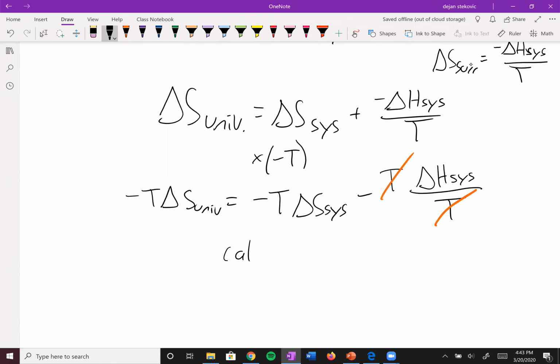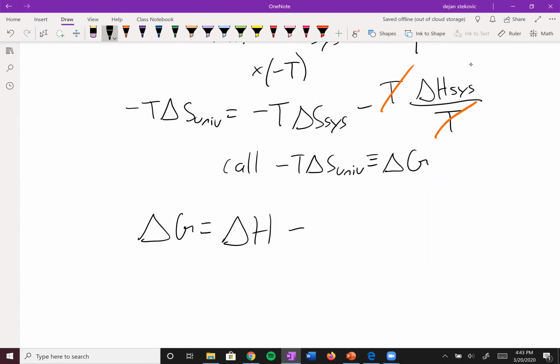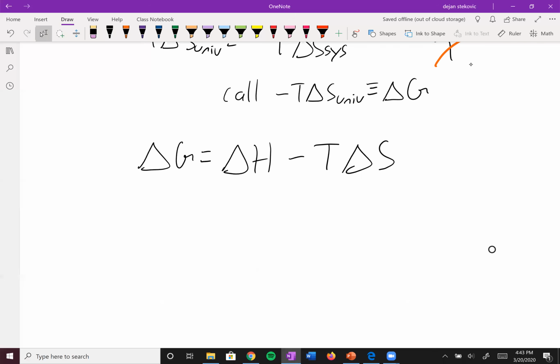And then we're going to call this negative T delta S of the universe delta G, or Gibbs free energy. So at the end of it all, delta G is equal to delta H minus T delta S. So this is the change in Gibbs free energy.